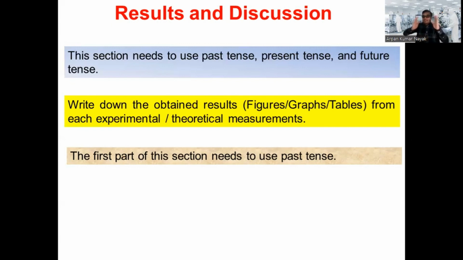So in the results and discussion section, when we start writing the first sentence, the first section, we will use the past tense. Why? Because, as I told, results are observed particularly for methods, or you use some instruments for your prepared samples.